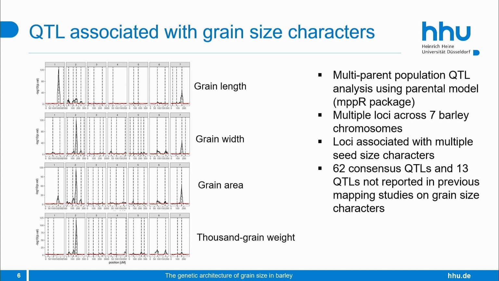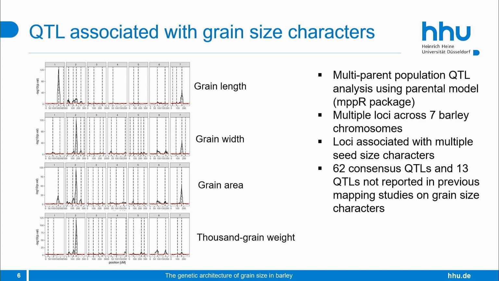And with this, we were able to find QTLs for all 4 grain size traits distributed across 7 chromosomes of barley. And to do MPP analysis, we used a consensus map, and there might be some imprecision in the consensus map. Therefore, we also went back to single population analysis, especially to define the confidence interval of the QTLs.